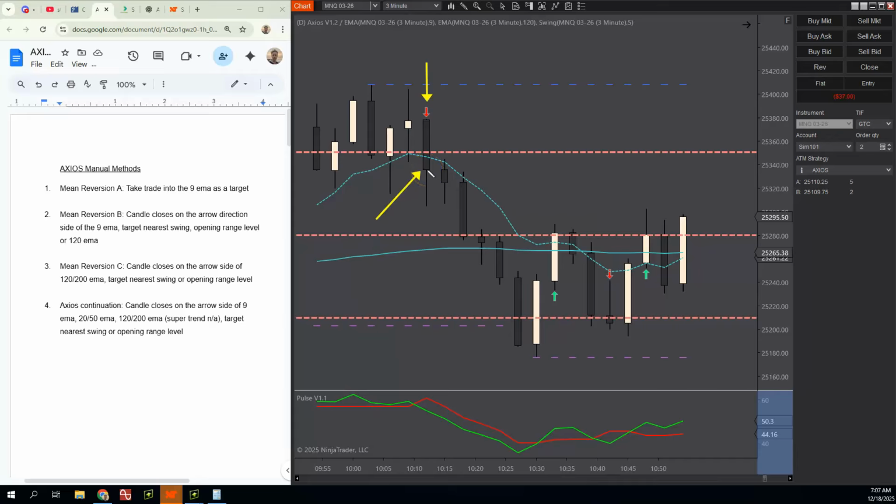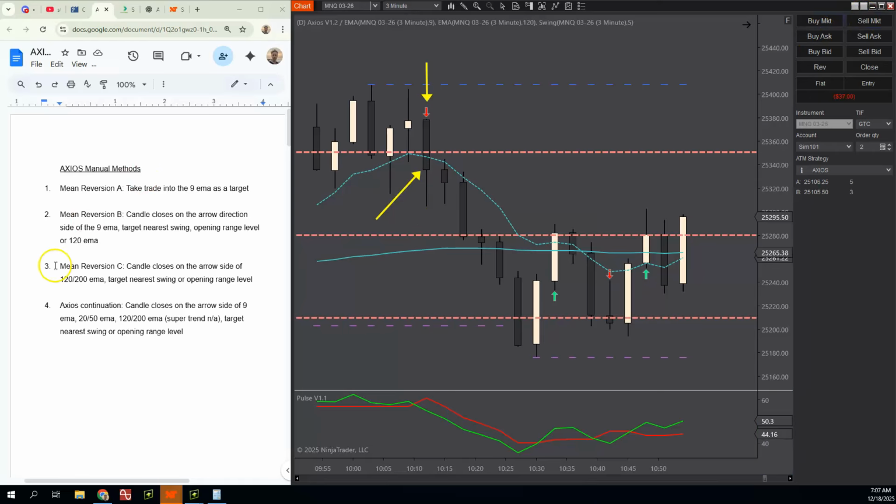So this is what I've got to think about when I'm going to ask the developer to code this in. We can at least have them code in the entries, and then we can move our targets to wherever we want. Maybe the best way to code it in would be to have the targets not be set targets. You can set them up as 200 ticks or something, and then we can move them wherever we want, instead of having them automatically attached to a moving average.